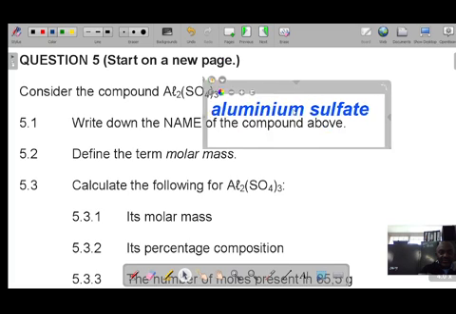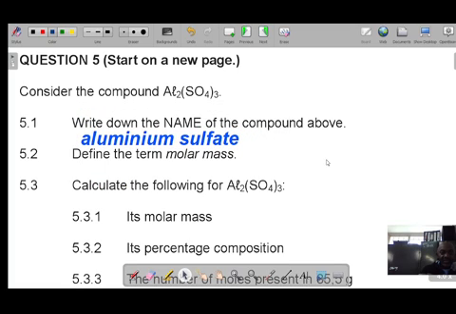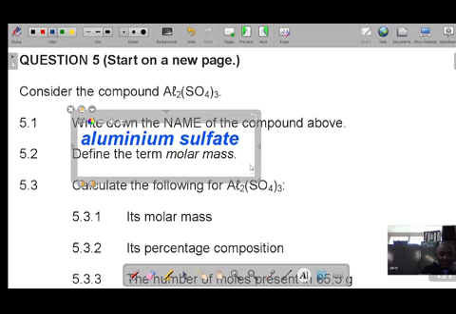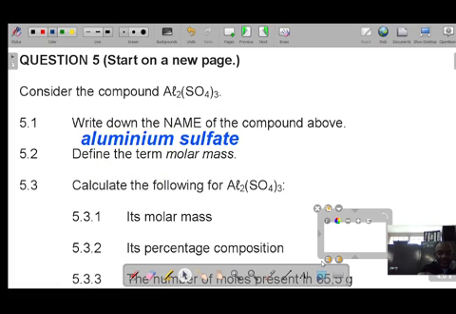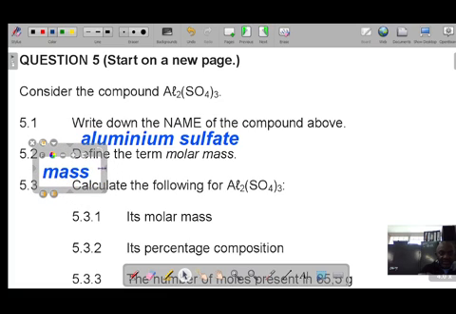Next question. They say define the term molar mass. Now molar mass is defined as the mass contained in 1 mole of a substance. What is molar mass? It is the mass contained in 1 mole of a substance.